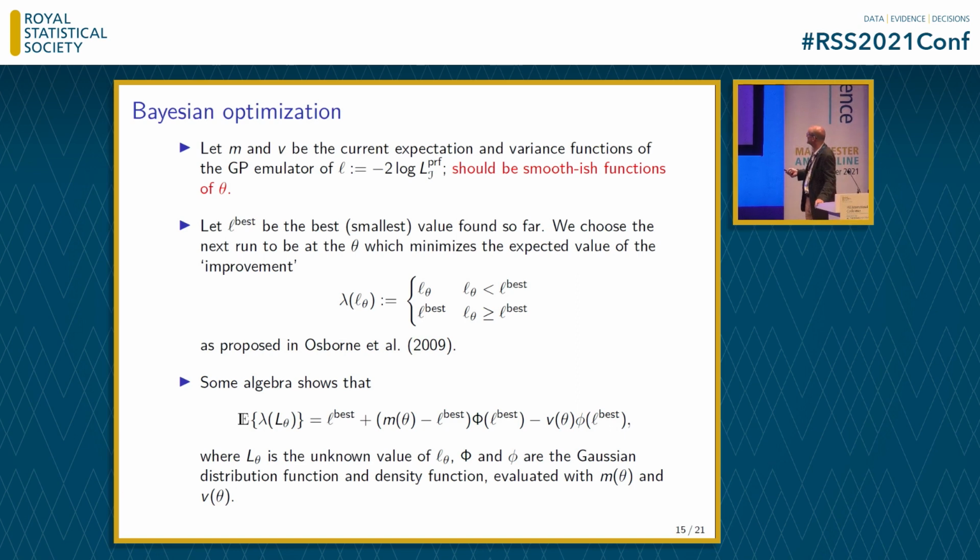So the point about this criterion here is it provides a very natural expression of the trade-off between the exploit part of statistical optimization and the explore part of statistical optimization, which is why I like it.